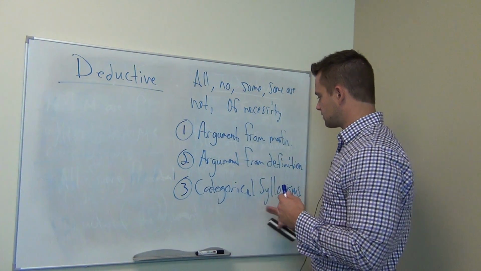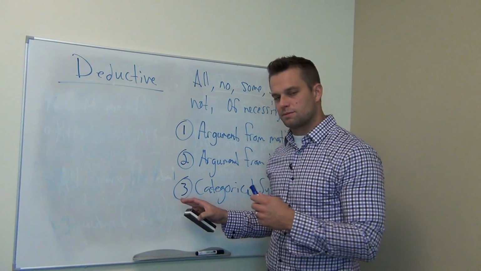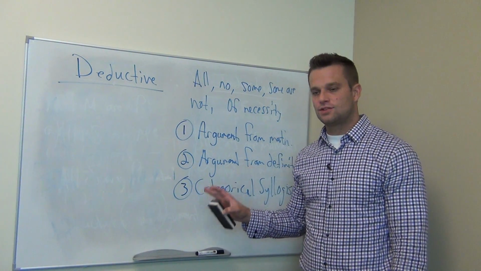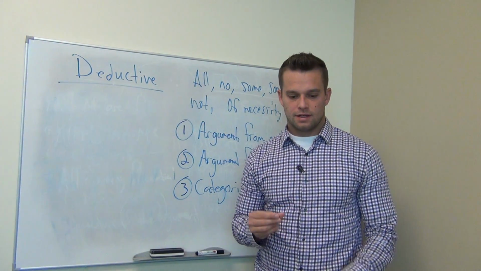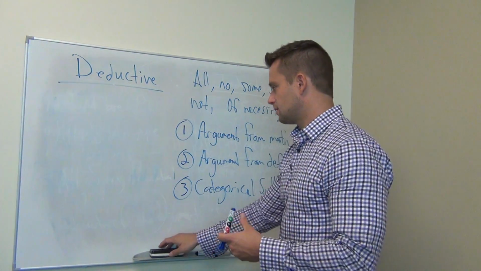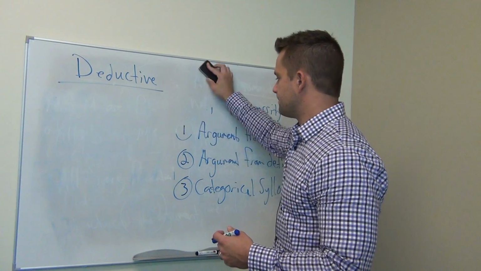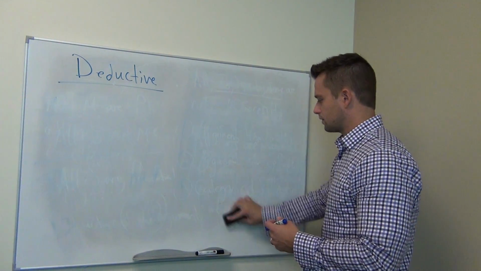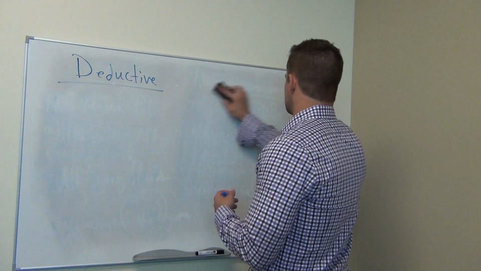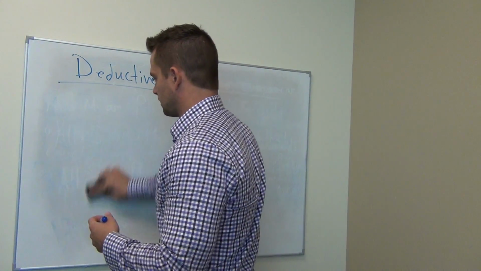But if you remember these three, and just syllogisms in general, will tend to be deductive. Now, once we talk about inductive arguments, you'll see why not all two-premise arguments with a conclusion are syllogisms, or all inductive or deductive.